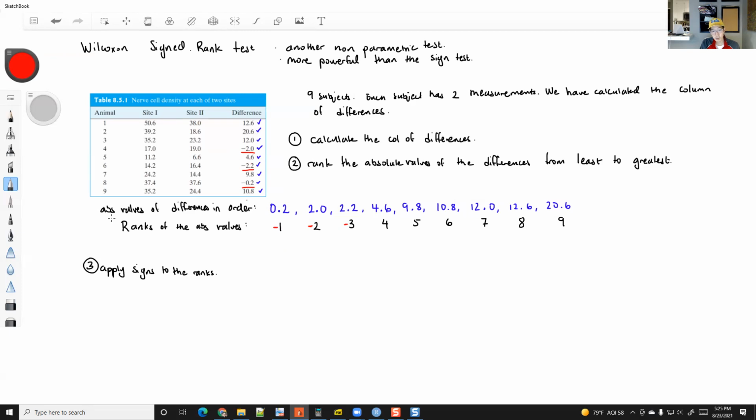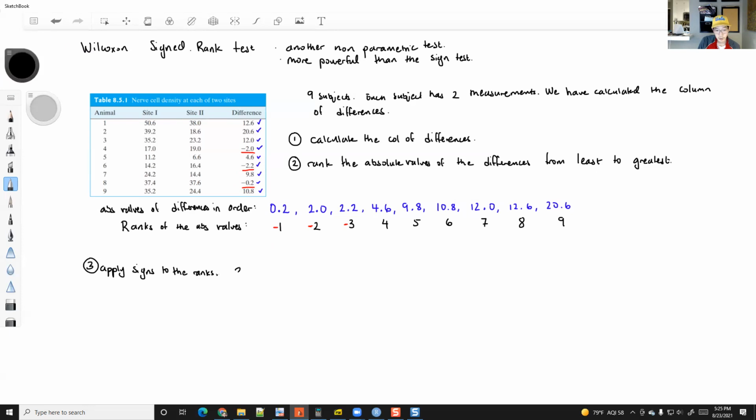So these are the 3 negative values, and they happen to be ranks 1, 2, 3. But if 20.6 was negative, we would apply a negative sign to 9. So we're just going through and saying which differences were positive and which were negative, and we apply negative signs to the ranks.